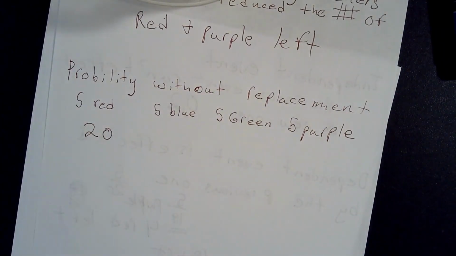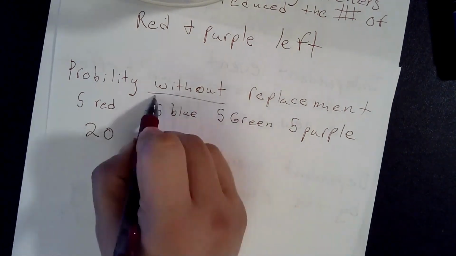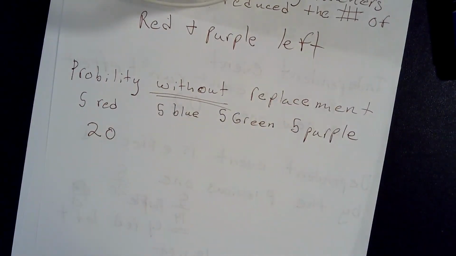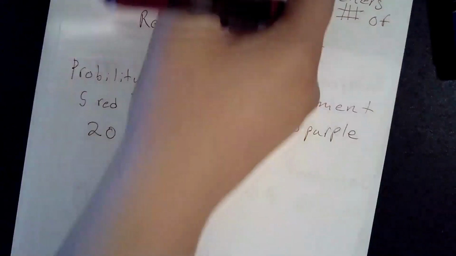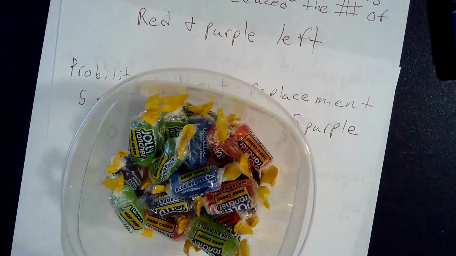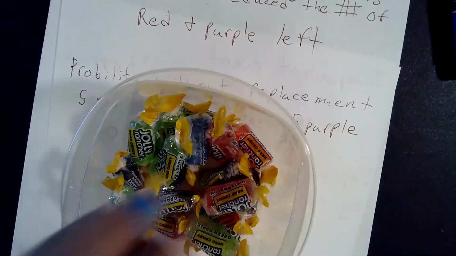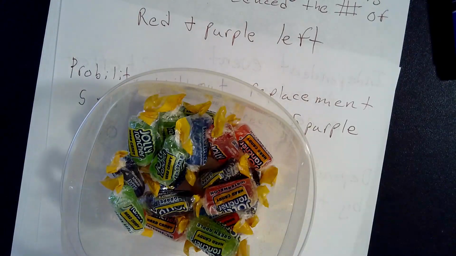When you think of replacement, you're putting things back, right? So without replacement means, just like the previous example with the 20 Jolly Ranchers, whenever I pick one, which is a blue, I'm going to eat that blue.